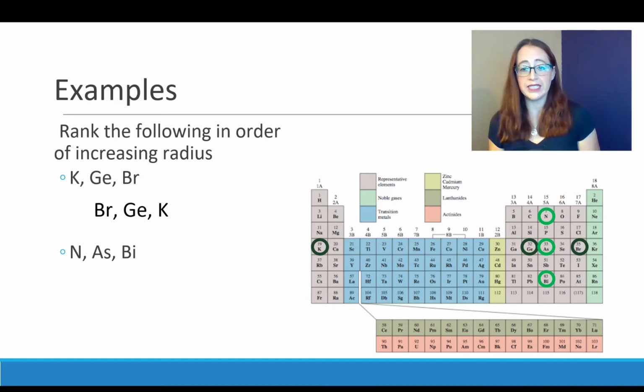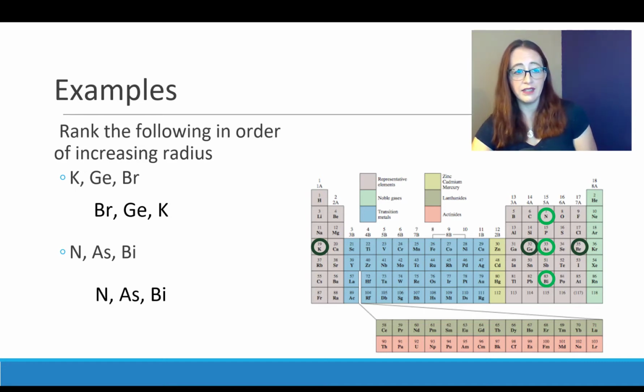The further down the periodic table that we go, the bigger the atoms get. So if we're going to rank in increasing size, then we're going to start at the top and work our way to the bottom, or in other words, Na, S, Bi.